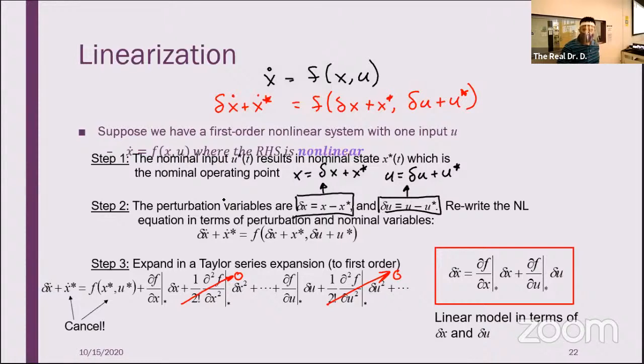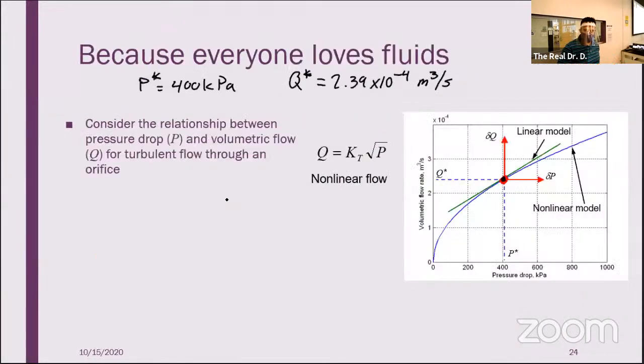Now we have to rewrite our equation in terms of the perturbation variables, right? So Q is equal to K_T root of P. Okay, so that's really going to be delta Q plus Q star, is equal to K_T square root of delta P plus P star.